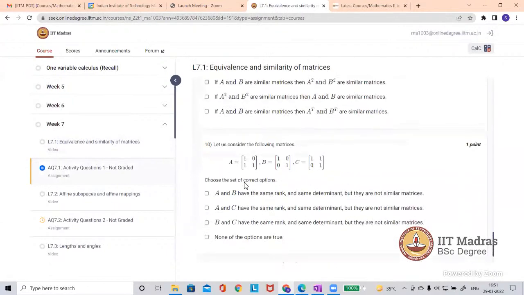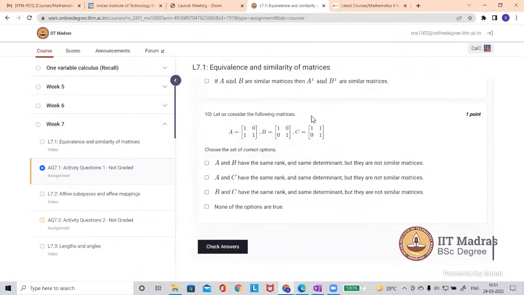The last one in your activity: if you check that both have the same determinant, same rank, and same trace, still A and B are not similar. You can prove it with the definition that B equals P inverse AP.